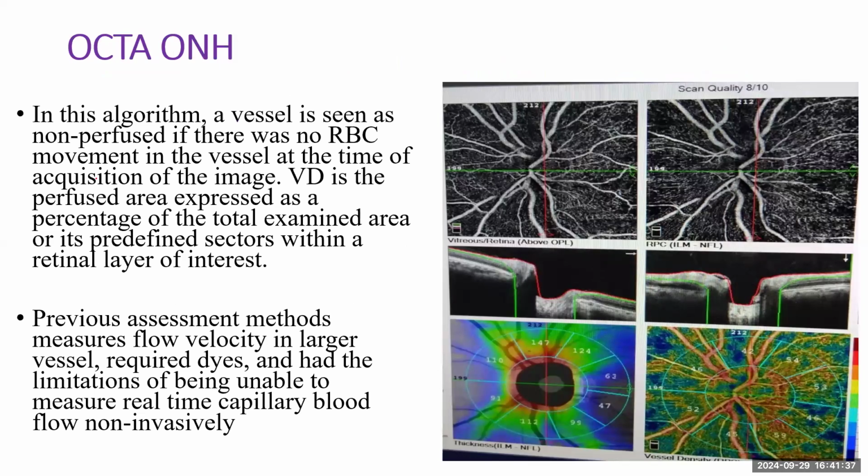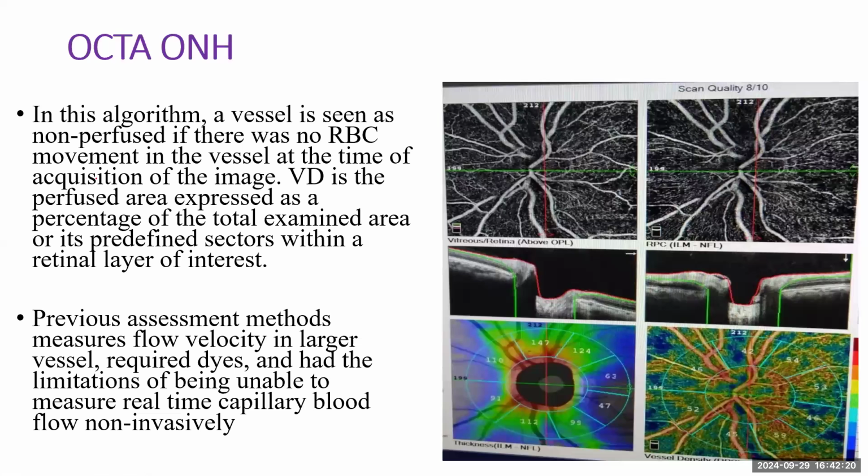Vessel density is the perfused area on the scan expressed as a percentage of the total area or its predefined sectors in a retinal layer of interest. What this means is simple. If at the time of the capture of this OCTA, 50% of the area of the optic nerve head is perfused, the result comes out as 50% over the total area that was scanned.